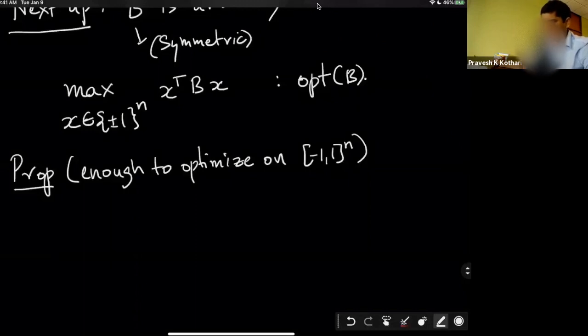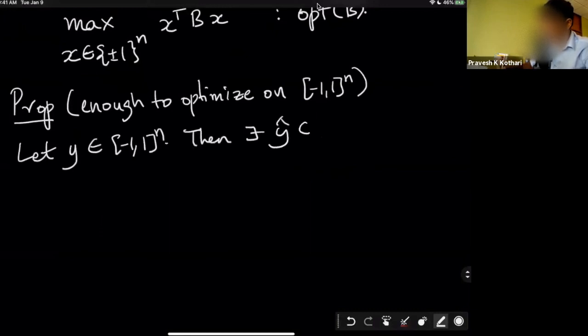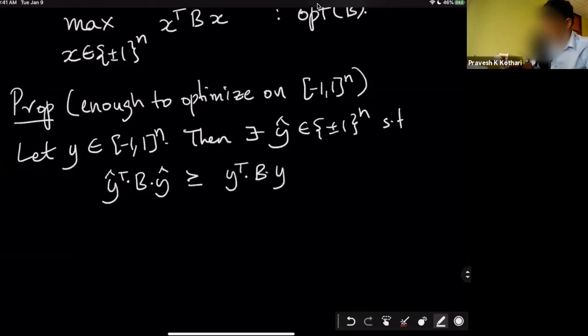Let's state it the following way: let y be any vector in the solid hypercube, in minus 1 to 1 to the n. Then there exists a y hat in the corners of the hypercube such that y hat transpose B y hat is at least y transpose B y. This is true for all possible y's in the solid hypercube.